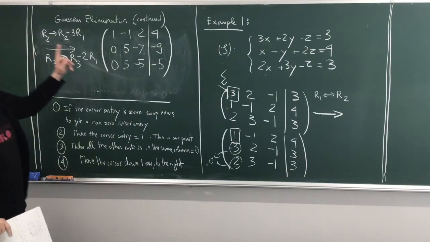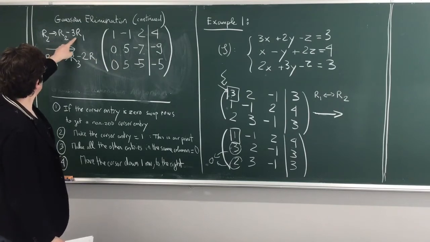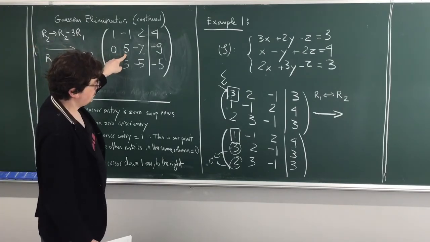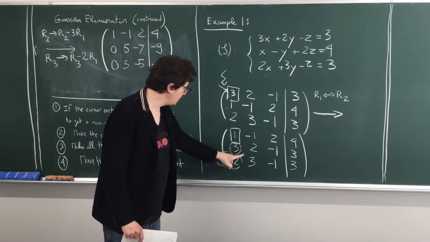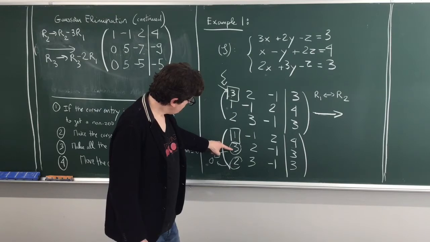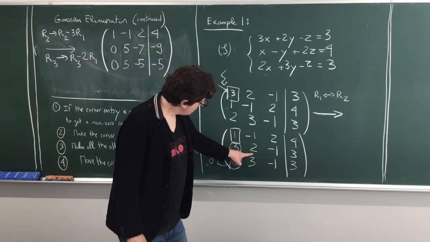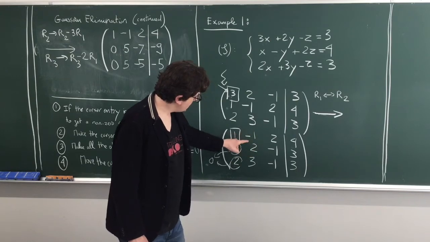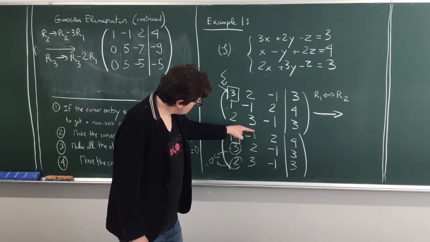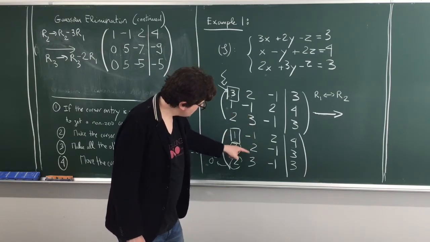Okay, let's take an example with this row. We subtract 3 times row 1. Okay, so starting from here, right? This minus 3 times this, so we get 0. This minus 3 times this. Here we have a minus sign, so it's 2 minus 3 times minus 1, so it's plus 3, so it's 2 plus 3, it's 5.